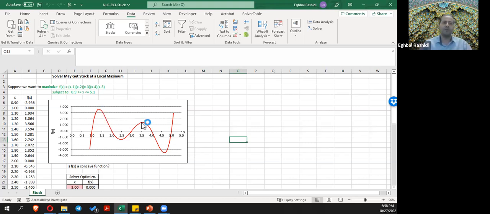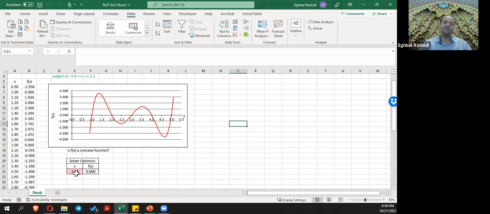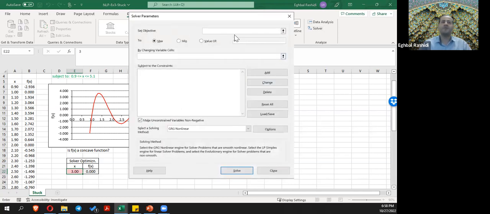But this local optimum is about 1.5 Okay. If we start, say, with x equal to 3, we have to start with something. If we start with x equal to 3, the solver is going to get stuck in this local optimum. Okay. So let me try.